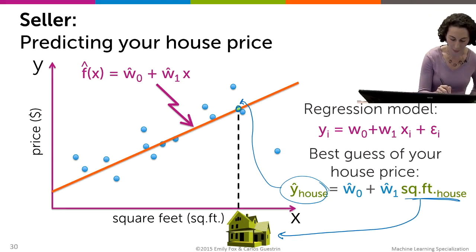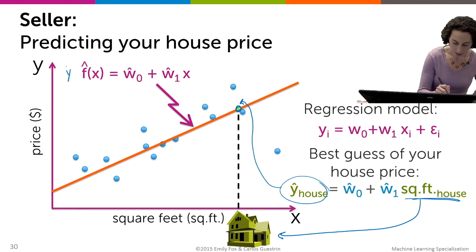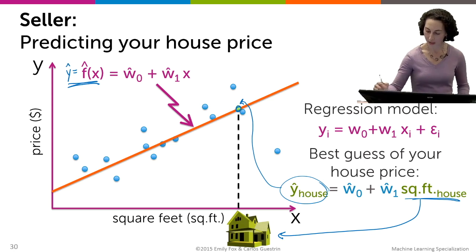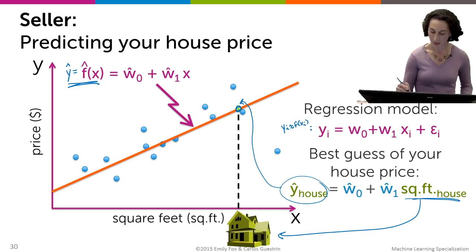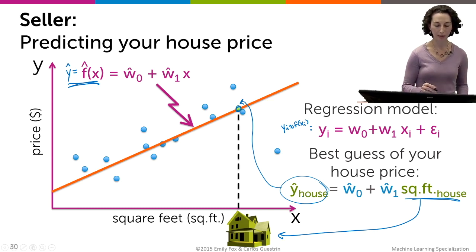I want to mention one more thing here. So I want to mention that y hat, that's our predicted value of the house. Y hat is exactly equal to f hat of x. Okay, our model, remember our model said that yi is approximately equal to f of xi. But when we go to do a prediction y hat, that's exactly equal to f hat of x.